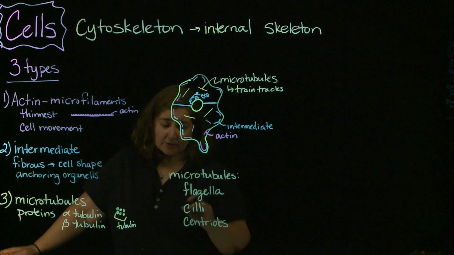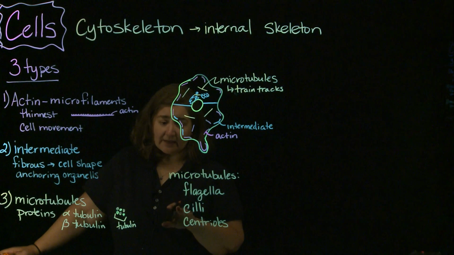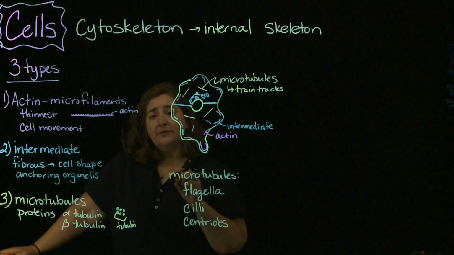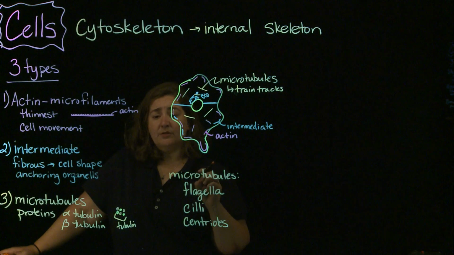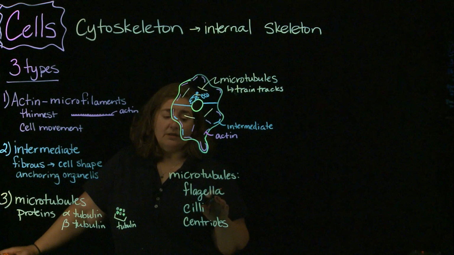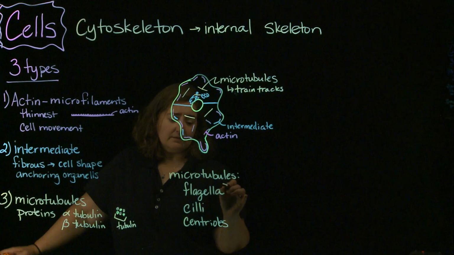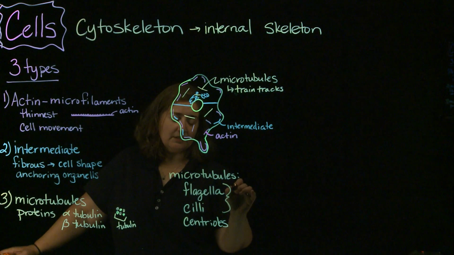And we haven't talked really about centrioles or cilia yet. I talked a little bit about flagella when I was talking about components of the cell way back in a number of videos. But flagella and cilia are going to be involved in movement.